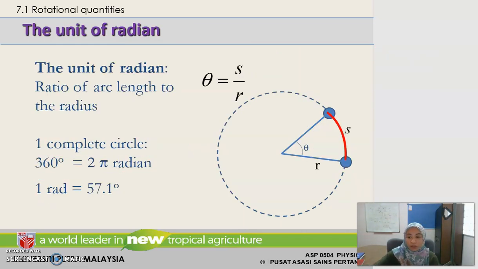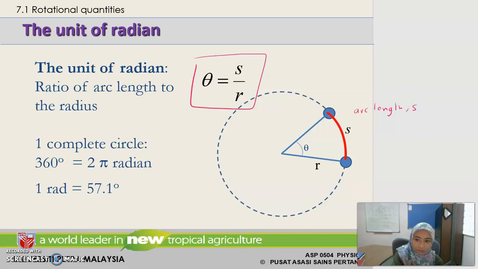Okay, so if you have an arc length, which is S, this is called arc length. The whole circle is called circumference, so this is called arc length. Arc length is given by S, and your R is your radius. How do you find the theta? So this is the equation. Theta equals S over R, or S equals R theta.